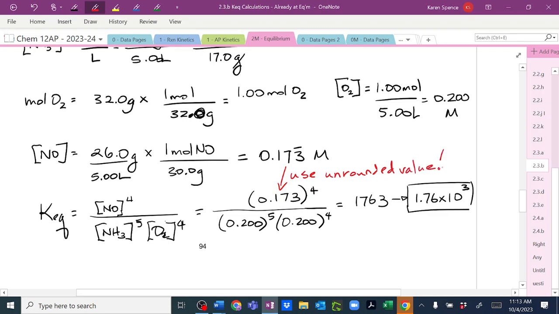Or if you don't want to keep the whole thing, you know you have 3 sig figs at the end you want to have, so try using 0.173 with an extra 3.